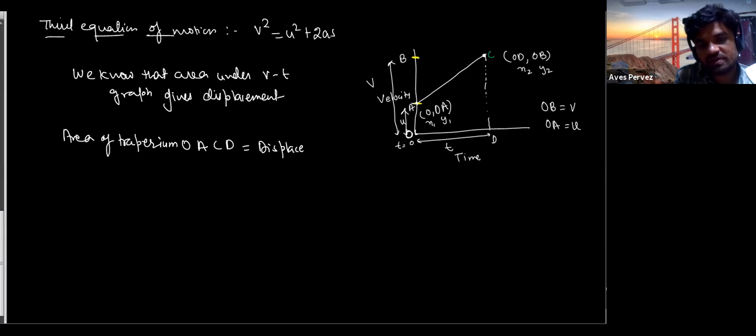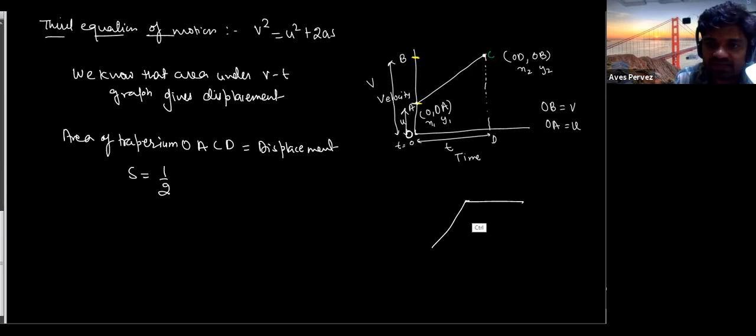So displacement S is equal to half into, what is the area of the trapezium? Area of the trapezium is half into the sum of the parallel sides into the perpendicular distance between them. The characteristic of a trapezium is that it has two parallel sides and two non-parallel sides. Here the two parallel sides are in OACD.